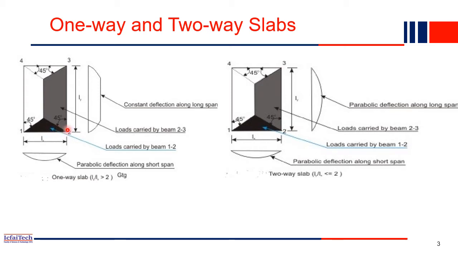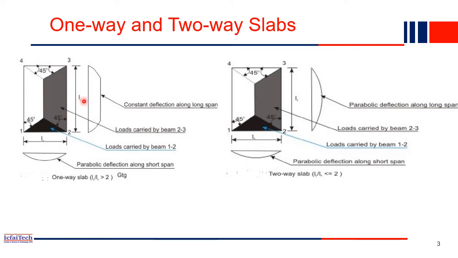That means this beam will carry very less load compared to this beam, because this entire trapezoidal area load will be coming to this beam, whereas this entire triangular area load will be coming to this beam. Obviously this triangular area is very less compared to this trapezoidal portion, isn't it? So here the load is very less compared to this one, and here more load will be coming.